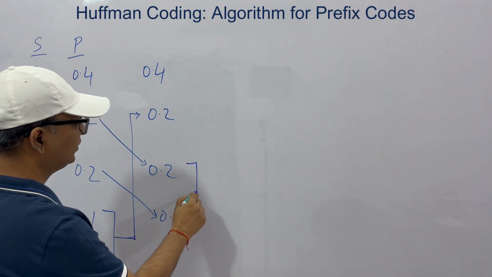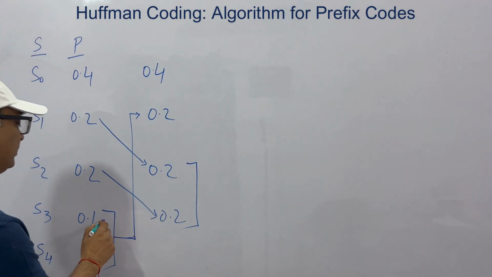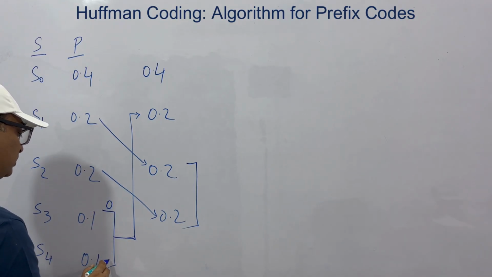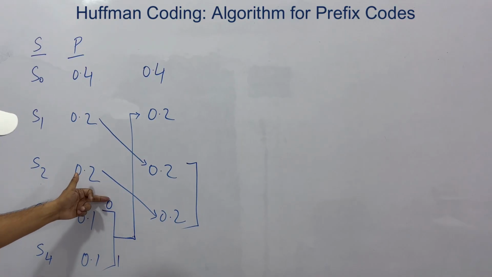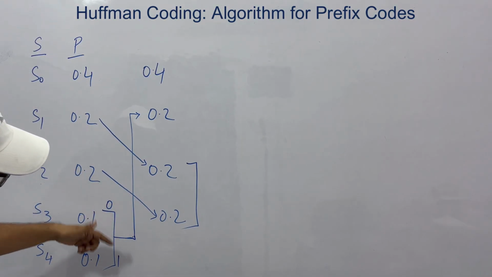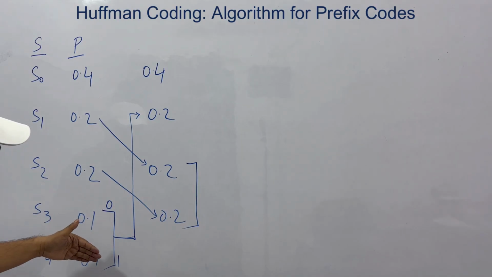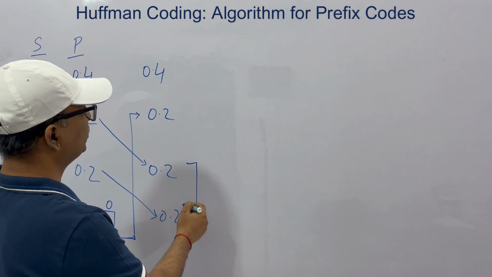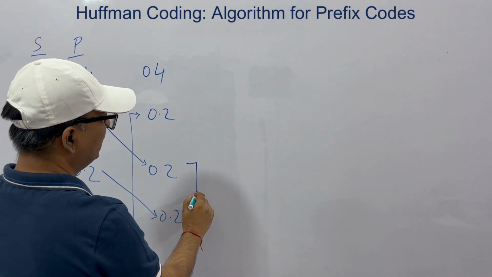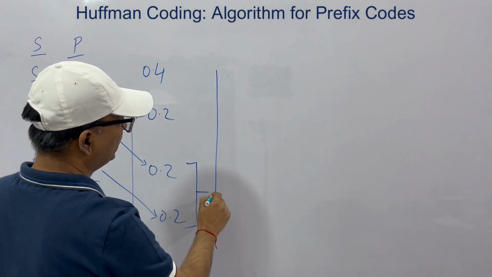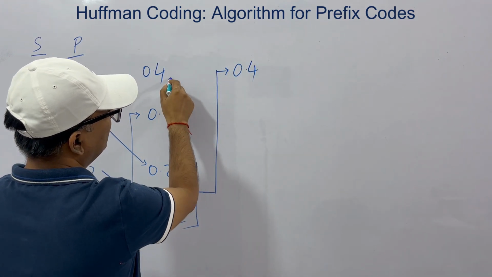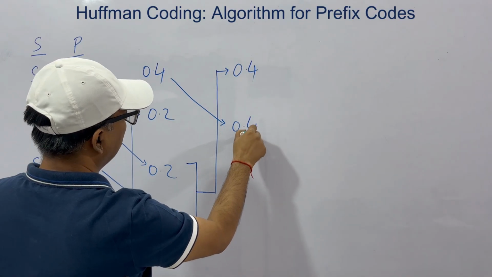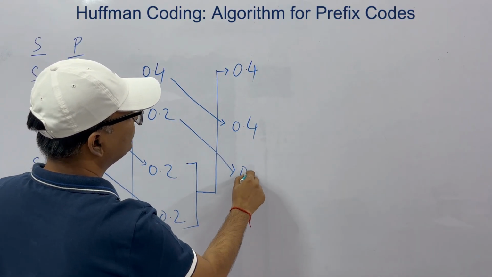Now again, we add these two, and we assign them values. This one 0 and this one 1. Again, the question you can ask me, why not 1 and 0? We can assign 1 and 0 also, but the usual way is to assign 0 and then 1. Now second, this is 0.4. We have 0.4 here also. So by convention, we'll put this 0.4 to the top, and then shift this 0.4 here, and then we have 0.2.